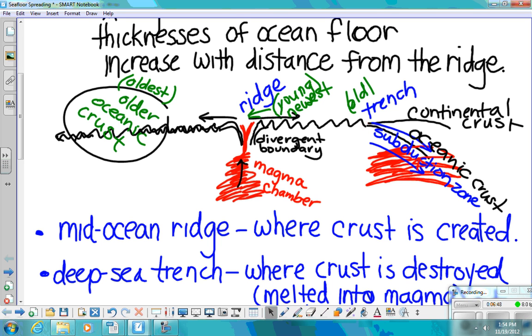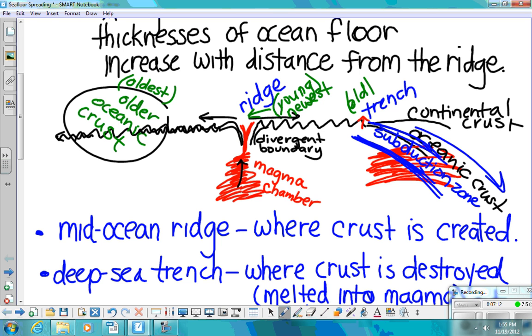So that means that part of this, sorry, let me move my red arrow back up here. At the subduction zone, we are seeing this area here. We're seeing that some of this crust is being sunk downward.